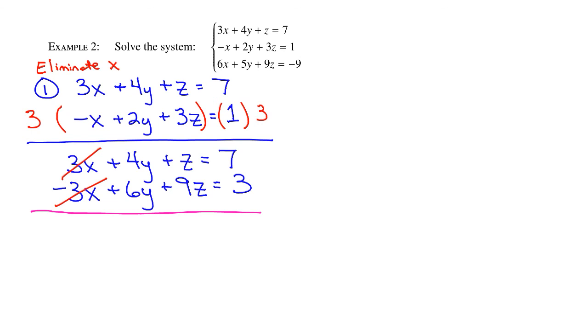The y's, I would get 4y plus 6y is 10y. 1z plus 9z is 10z. And 7 plus 3 is 10. So I've eliminated x, and I end up with the equation 10y plus 10z equals 10.